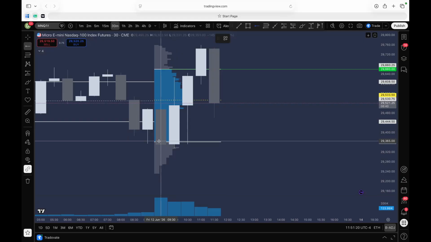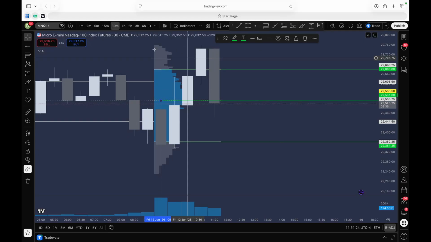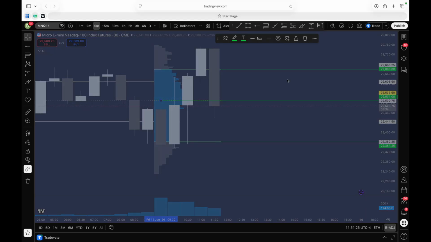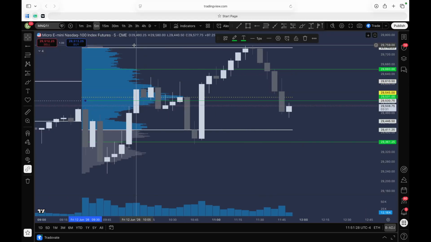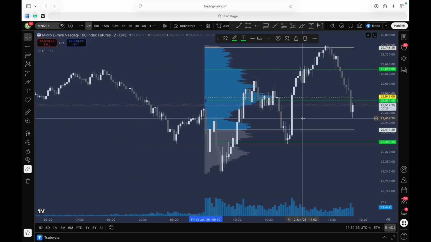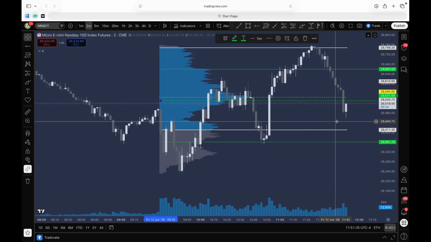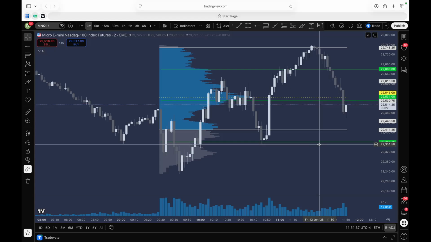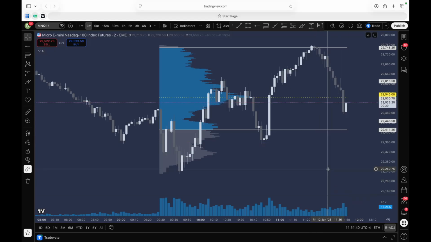So if I take the value area high there, value area low, point of control, and I go down from 30 to a 5, you can see it drastically shifts. 2 minute, it shifts. So when you see that, you have to be very careful.